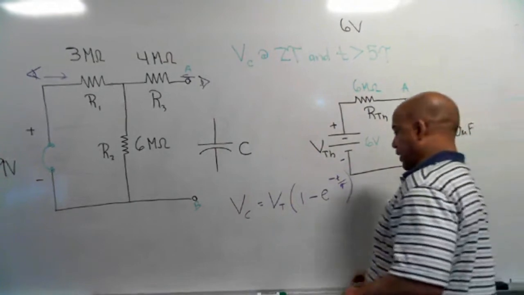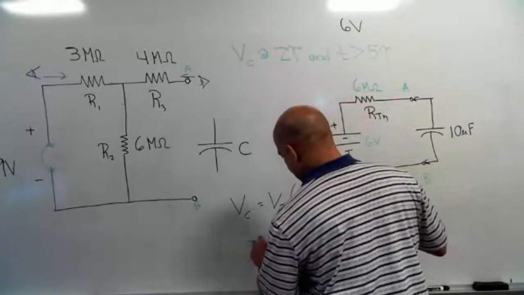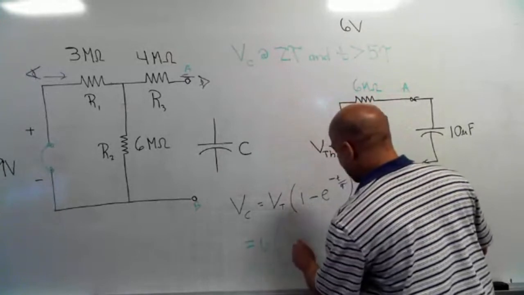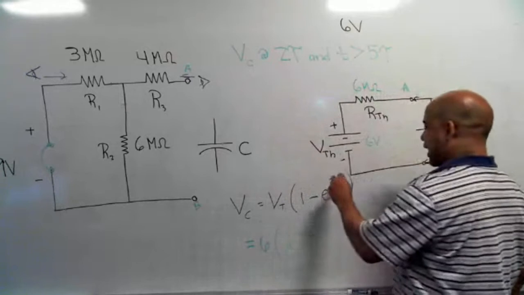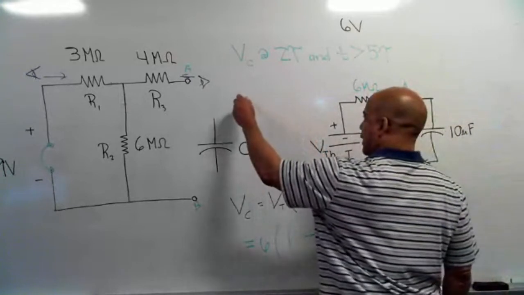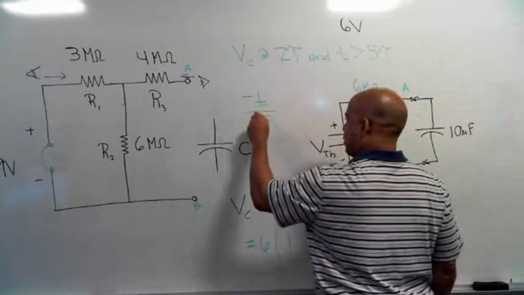And if I put my numbers in, this is equal to 6 times the quantity 1 minus e to the exponent, and that exponent is minus t over tau.